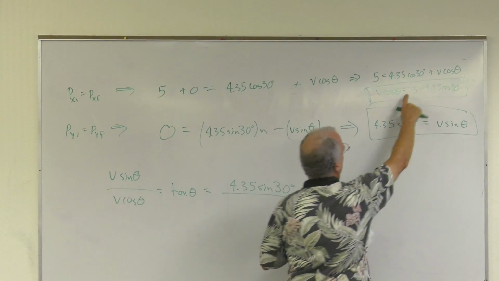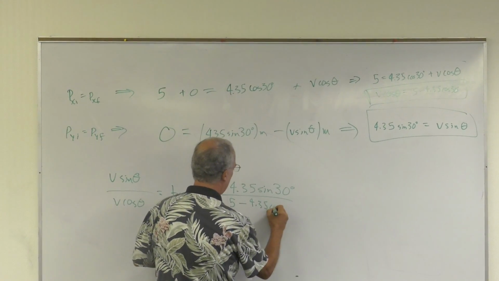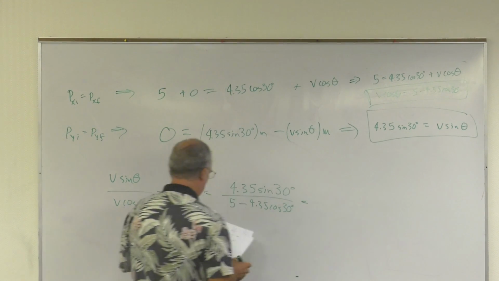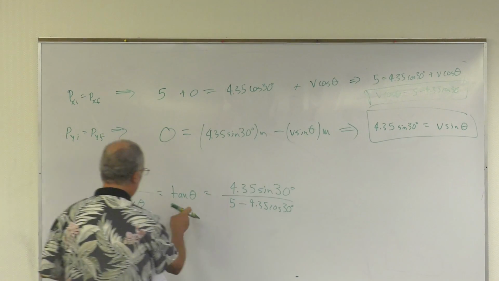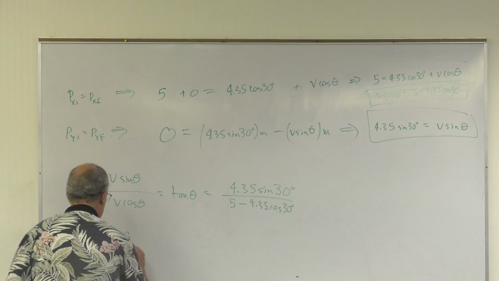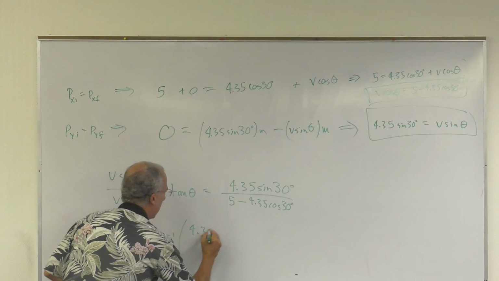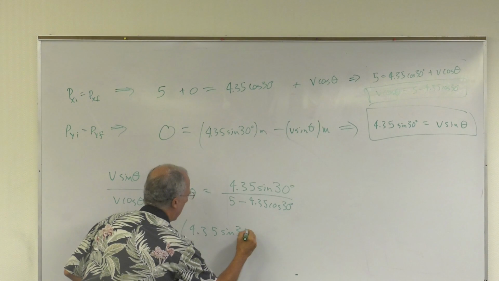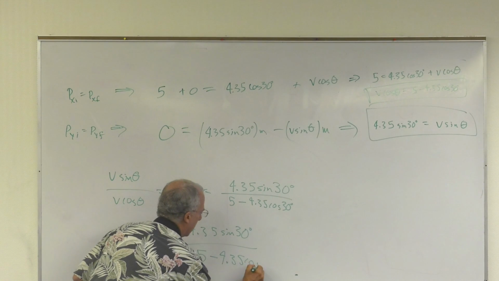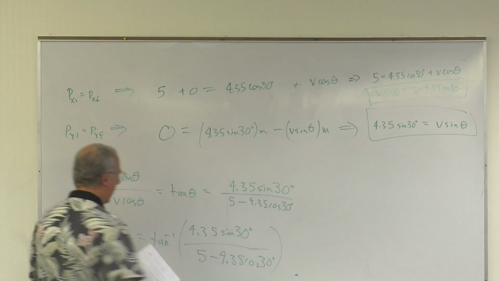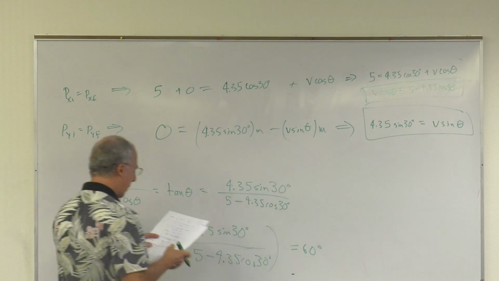V cos is this thing: 5 minus 4.35 cos 30. Well, wait a second. I don't want tangent theta. I want theta, right? So theta is tan inverse of that. And I promise you do that, you get 60 degrees.